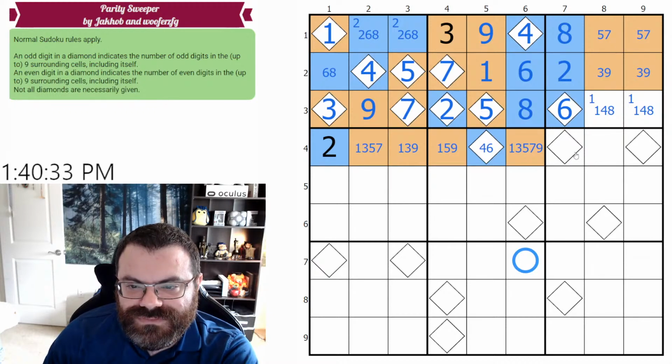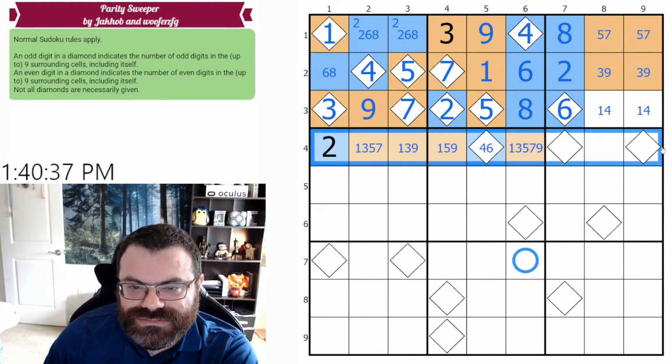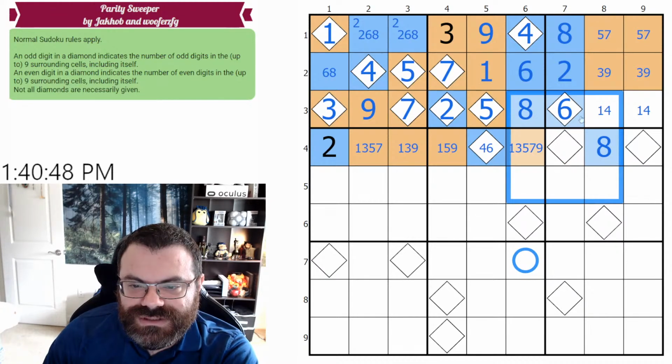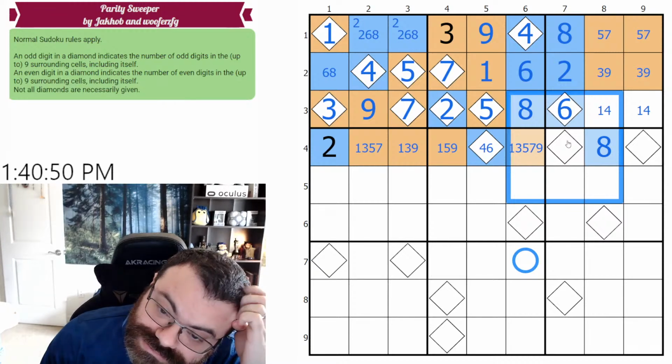I can place 8 in row 4. 8 in row 4. 8's in one of these two. Oh, this can't be an 8 because it doesn't even see 8 cells. So that's the 8. It's even. So this cell now sees at least 3.